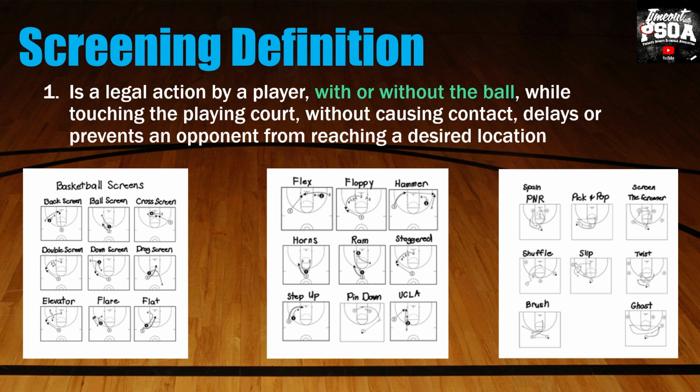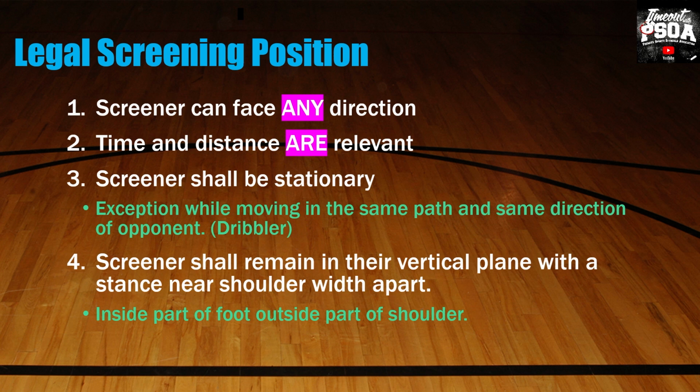So here we have different types of basketball screens when it is taught by coaches. There are 26 types of coaching screens that we have to now categorize into a category of what type of screen it is. So what is a legal screening position?